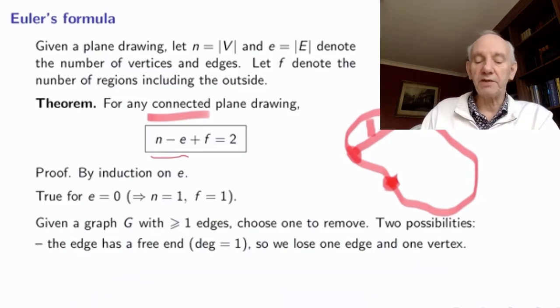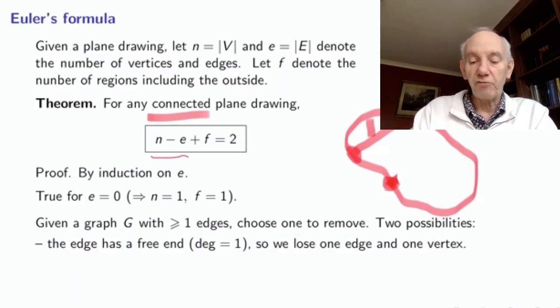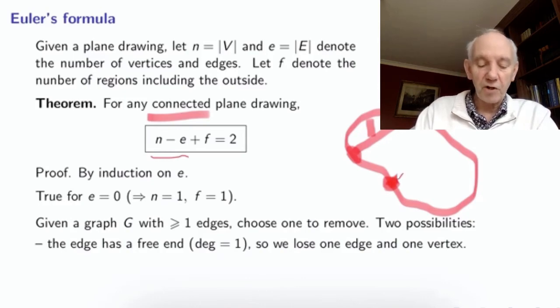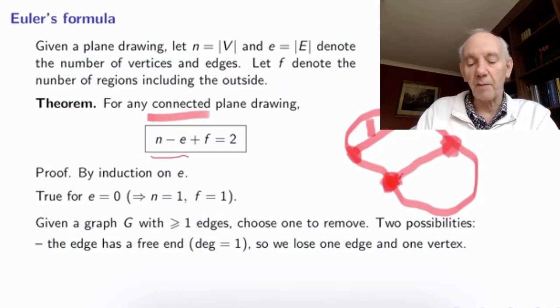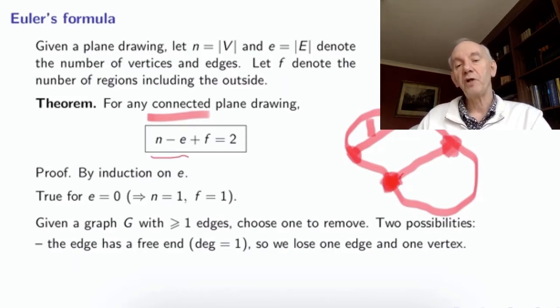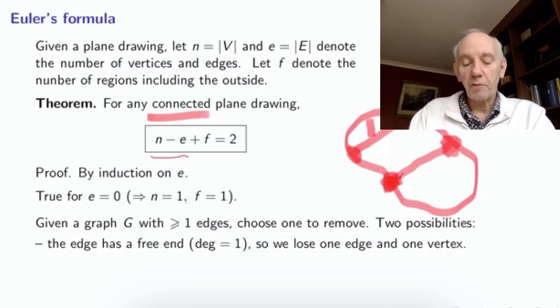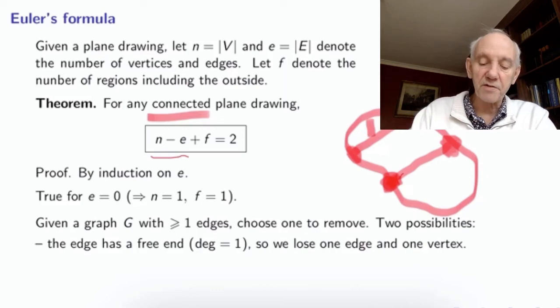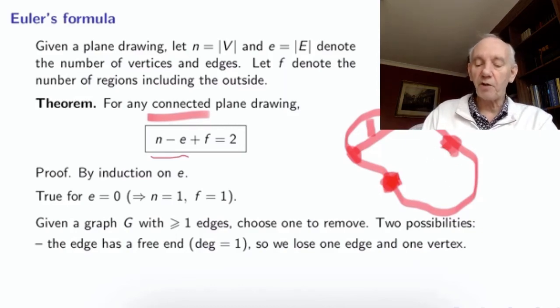Another thing I could do is suppose that maybe I don't have a free edge. Maybe I don't have any vertices of degree 1. So maybe I've got an edge which crosses a face like that. So this is an example where I don't have a free edge. So I can still remove this edge. But if I remove this edge I don't need to remove any vertices. But once I remove that edge, I have converted two faces into one face.